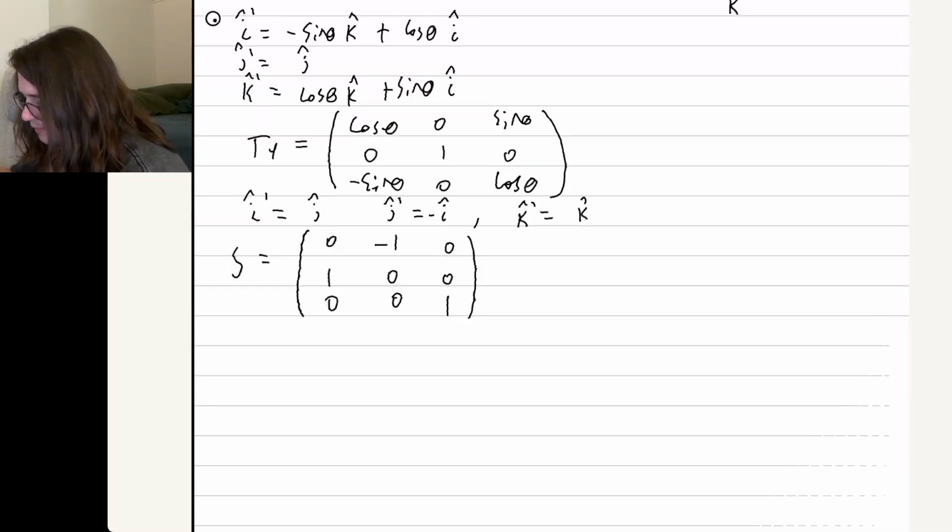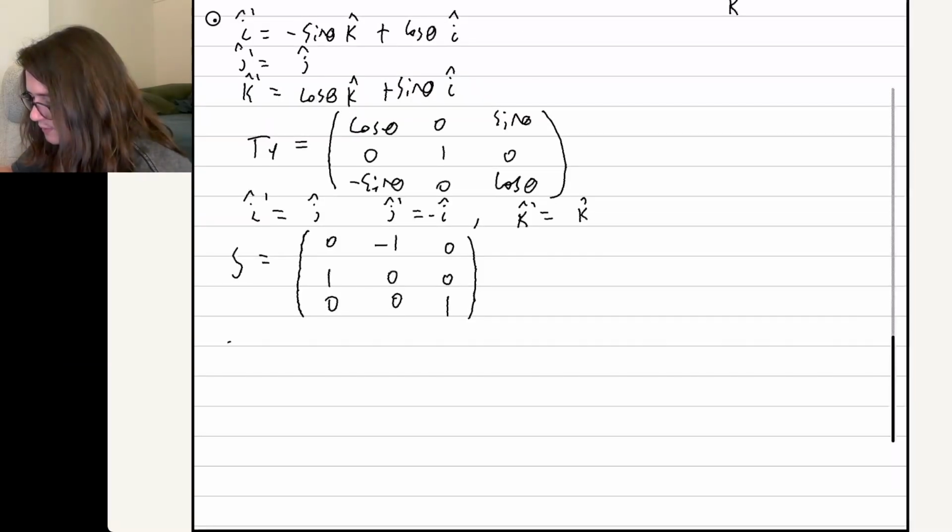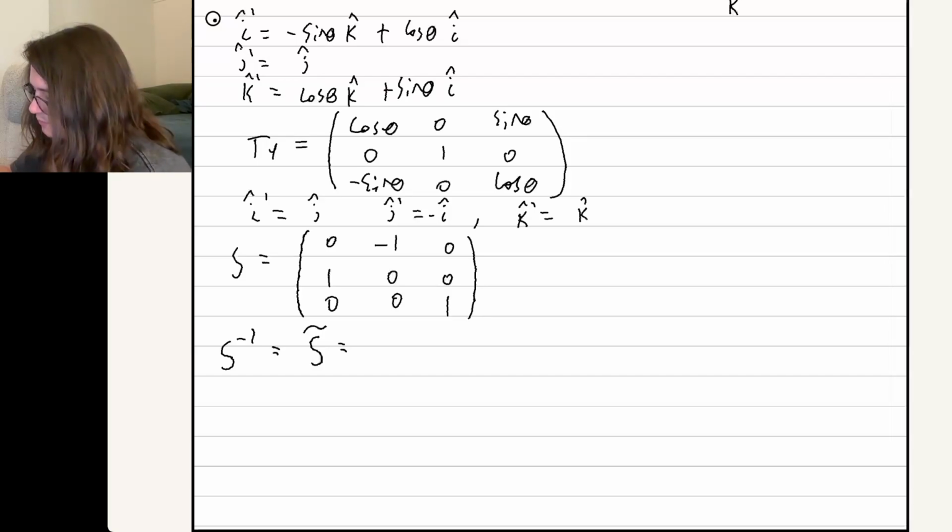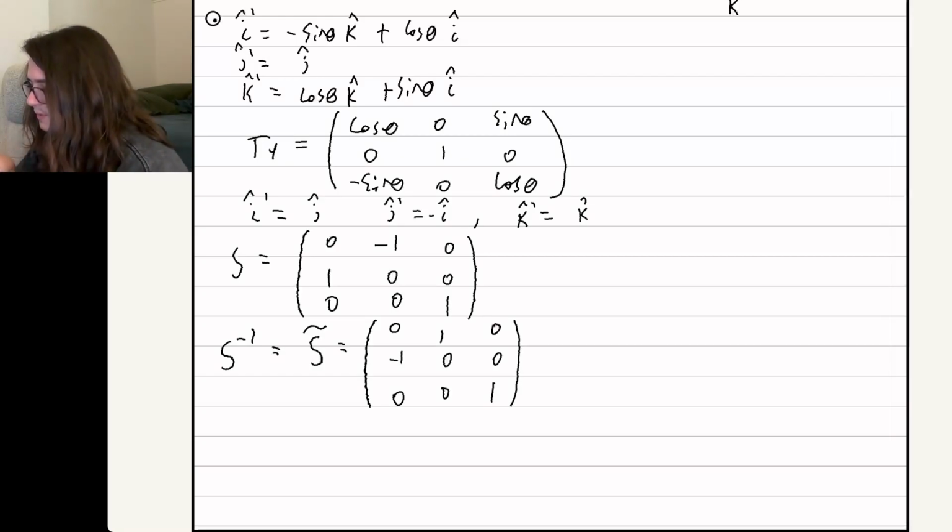And then I'm assuming that this is an orthonormal matrix. I'm not going to prove it, but I'm going to say right now that the inverse of this is going to be equal to the transpose of it, which is going to be 0, minus 1, 0, 1, 0, 0, 0, 0, 1, which represents a 90-degree rotation clockwise with respect to the z-axis.